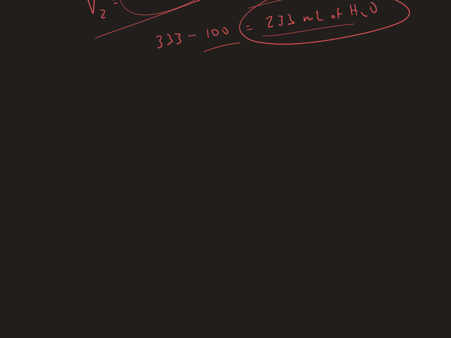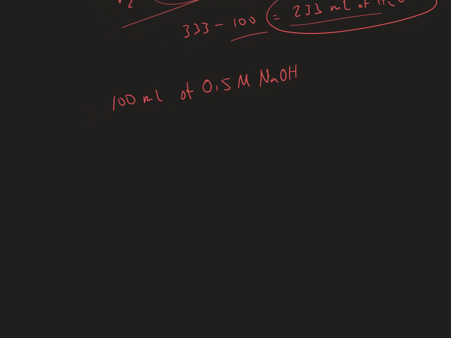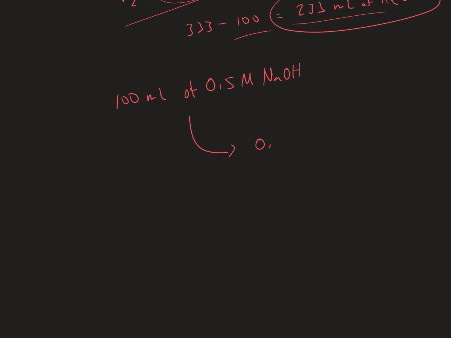So it says, how much water would we add to 100 milliliters of a 0.5 molar concentration of sodium hydroxide, and we wanted the final concentration to be, so we want to go from here to a 0.15 molar concentration of NaOH.